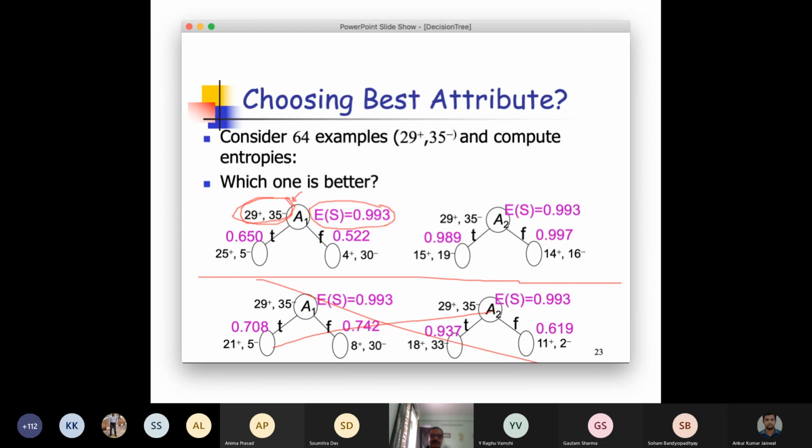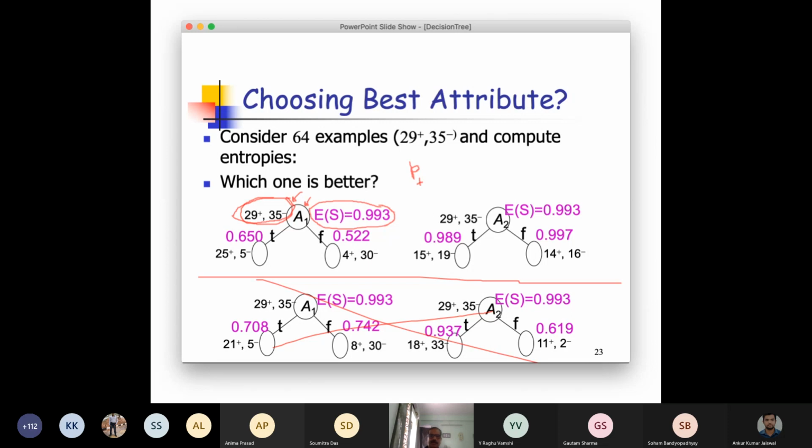So if you consider the probability of the positive level, say P positive, you can compute what Shoham said, that is 29 by 64. There are 64 samples. At this node, when you are testing, it is associated with 64 samples. Suppose this is the parent node, which means all the training examples.